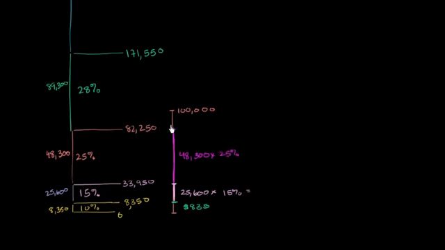And then finally, the remainder, the amount above 82,250, since I don't get into the next bracket above that, this part right over here is going to be taxed at 28%. And let me get my trusty calculator out to figure out what that is.